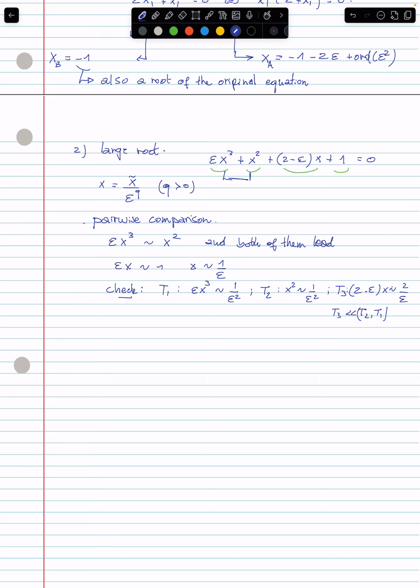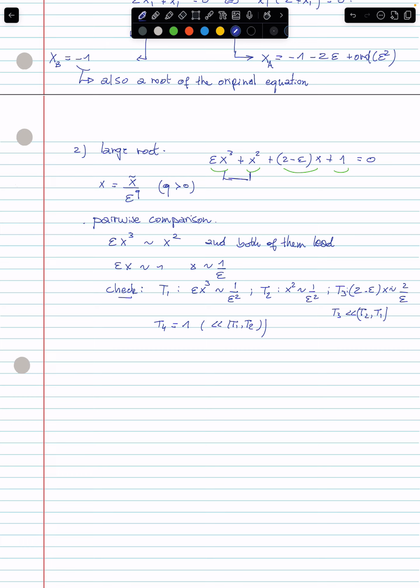All right, so we are fine with that. And T4 is equal to 1, which is also, of course, much smaller than T1 and T2, which are huge numbers, because T1 and T2, their order of magnitude is 1 over epsilon squared. Okay, so something very large. So in fact, we got it. So we got the right scaling.